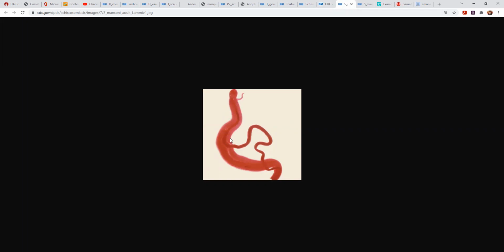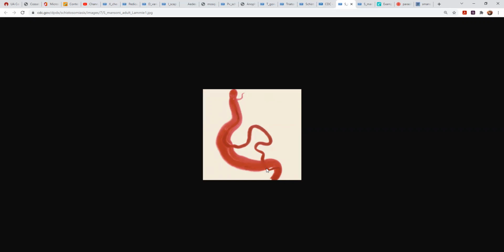The female actually resides partially within the male, as you can kind of see here. And so then they would reproduce. They would produce the eggs, which would be shed in urine or feces. And then those would get into water, they would hatch, and we would repeat that life cycle over again.